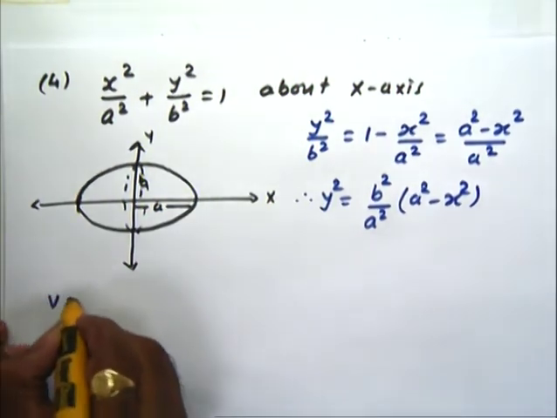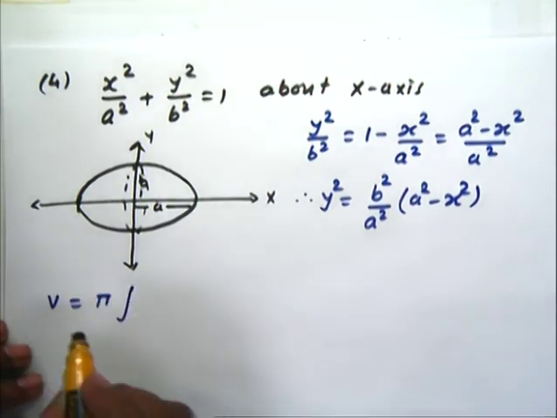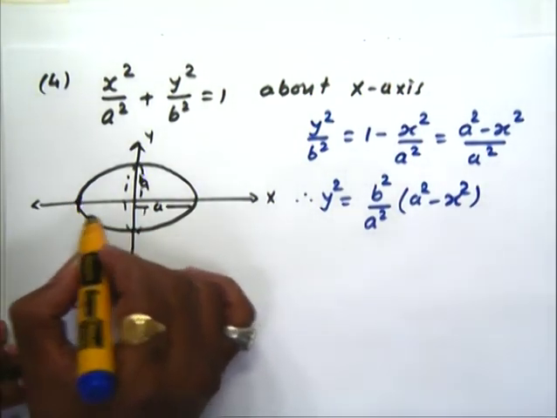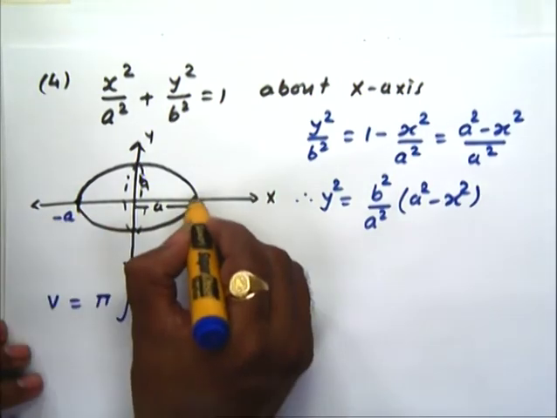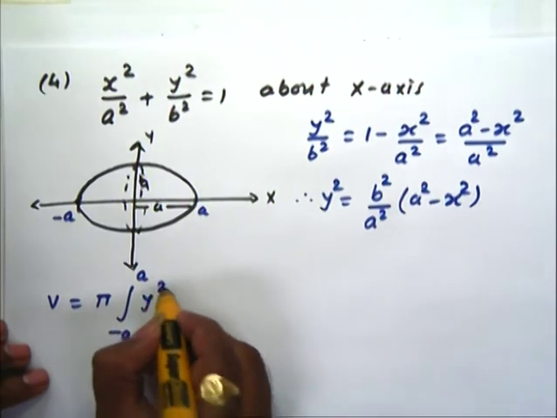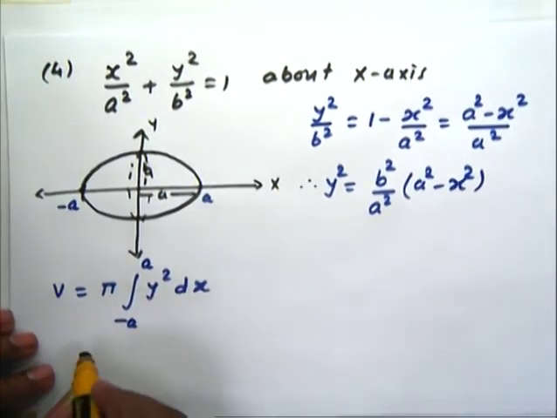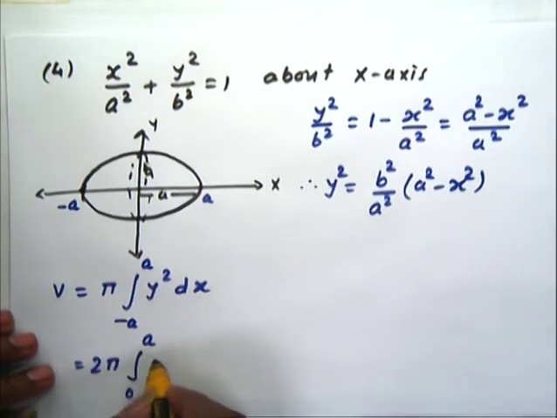Now volume V equal to pi integration, this is minus a, this is plus a, so minus a to plus a y square dx. Now again y square is an even function, so we can write 2 pi integration 0 to a y square dx.